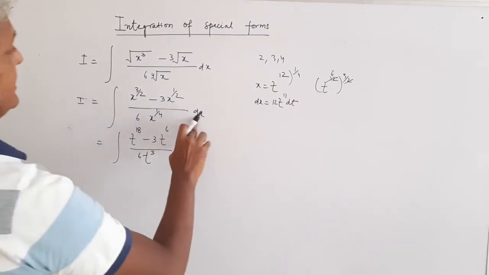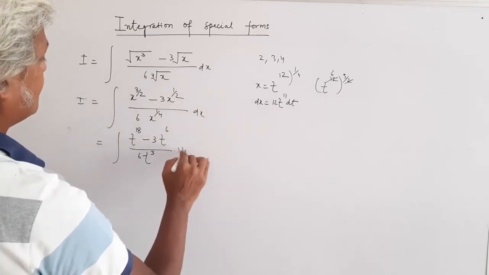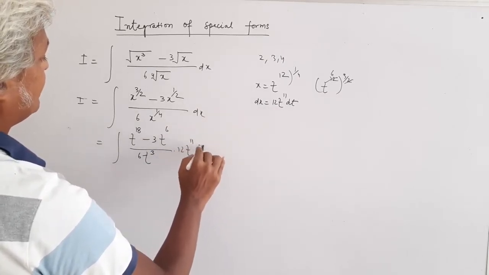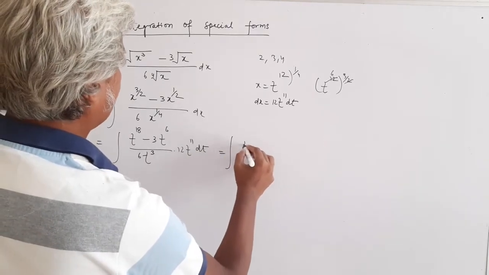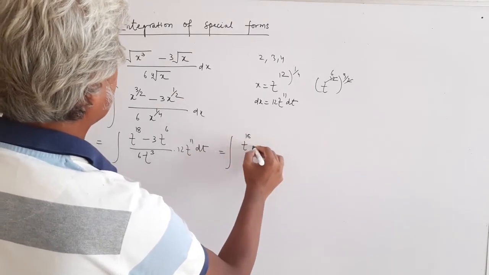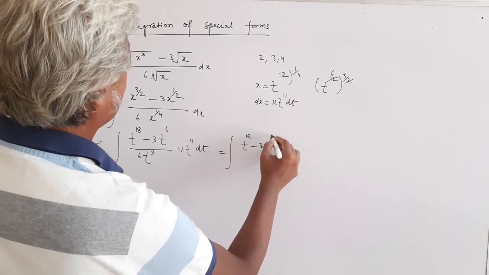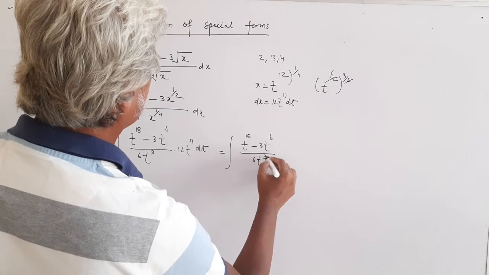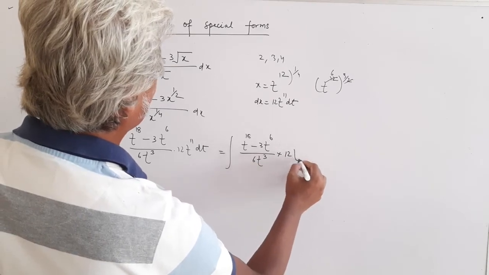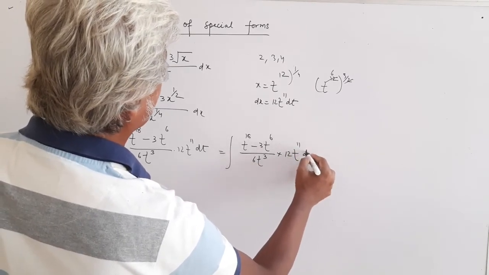Into dx, which is 12 t to the power 11 dt. That is t to the power 18 minus 3 t to the power 6 upon 6 t cube into 12 t to the power 11 dt.